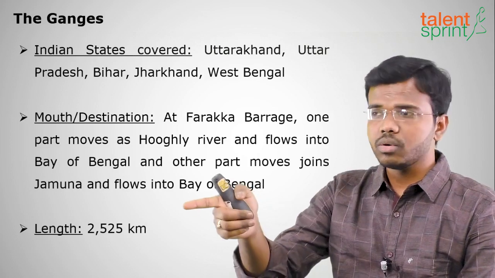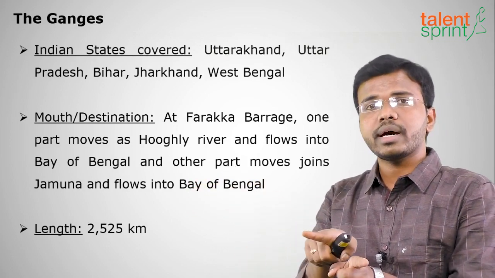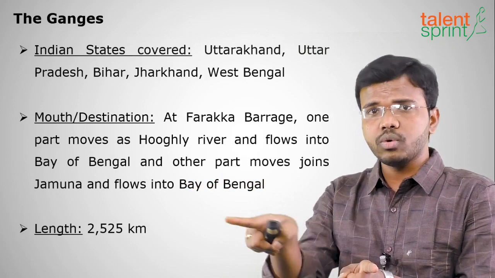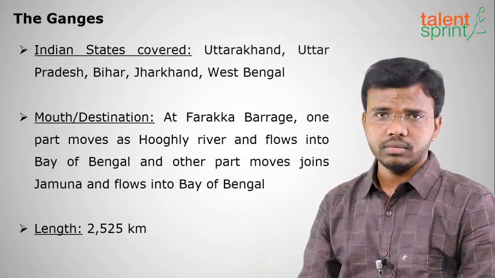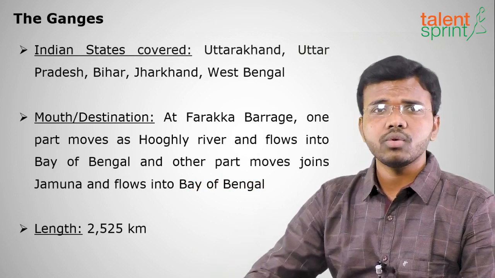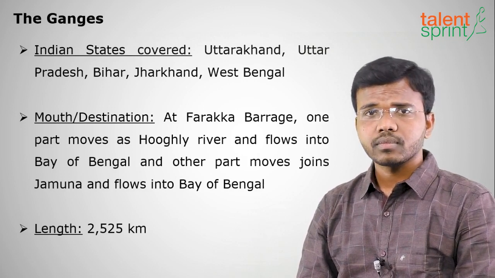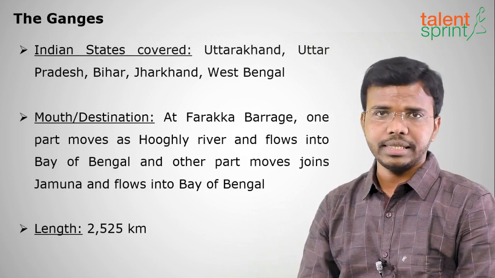One part goes as the Hooghly River, and at the Farakka barrage the Ganga separates as the Hooghly River and the Padma River. At Farakka the Hooghly River flows through West Bengal into the Bay of Bengal.